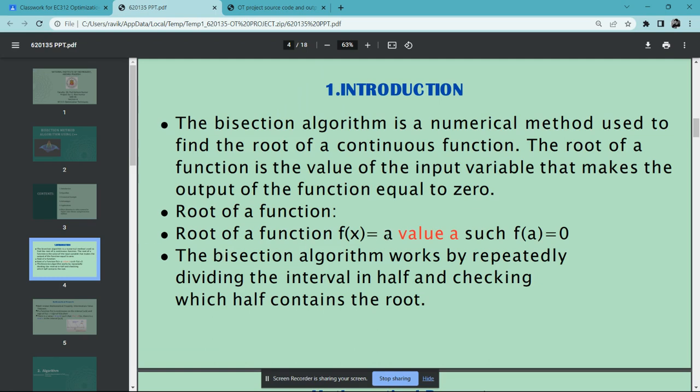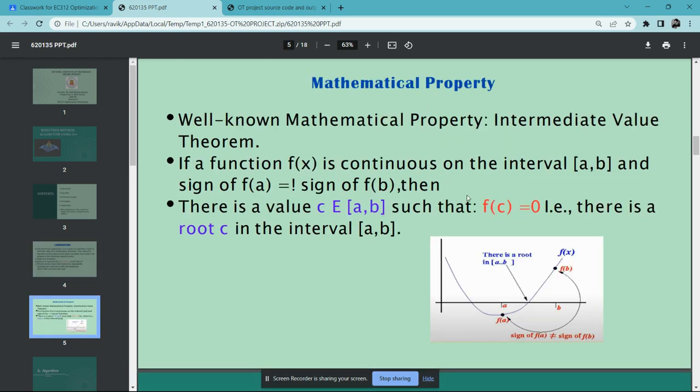It works by dividing the interval of interest into two subintervals and then evaluating the function at the midpoint of the given interval. Depending on the value of the function at the midpoint, we can then discard one of the subintervals and repeat the process on the remaining subinterval. This process is repeated until a satisfactory or optimal solution is obtained.